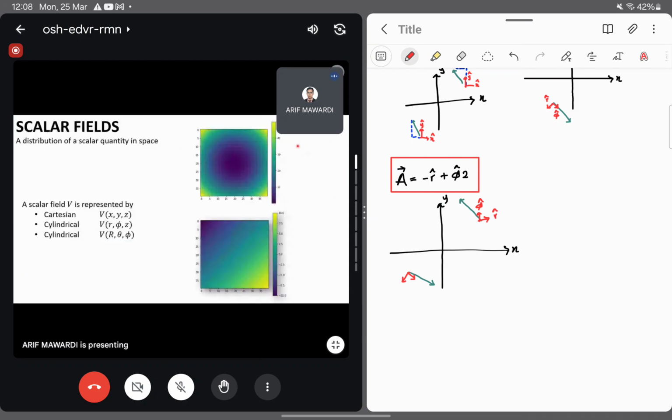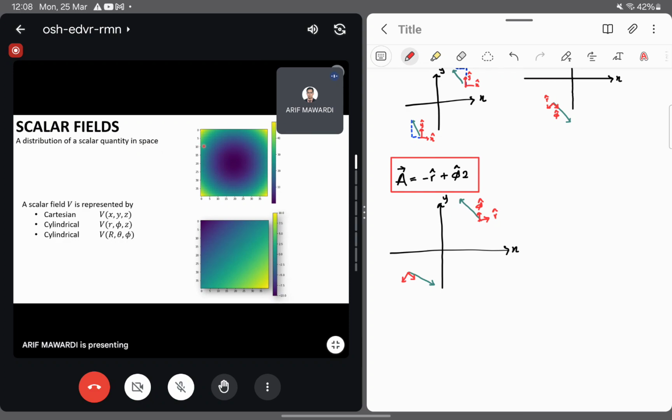Okay. In addition to a vector field, this is kind of an addition, we also need the concept of a scalar field. What is the difference between a vector field and a scalar field? A scalar field is a distribution of a scalar quantity in space.